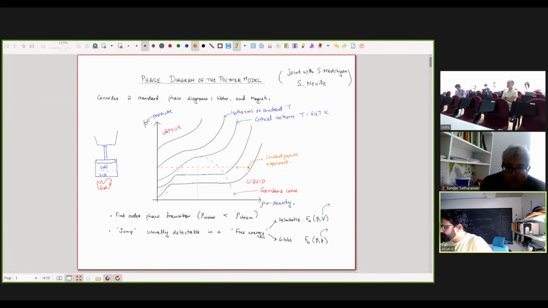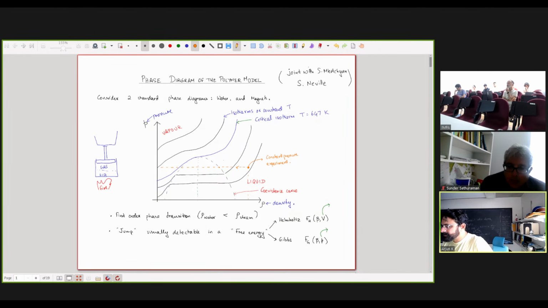On the phase diagram, this transition happens on this orange horizontal line. We start at this part of the curve where it's completely liquid. Then it hits this dashed black line, which is called the coexistence curve. Under that curve, in that parabolic area, you have a mixture of gas and liquid.